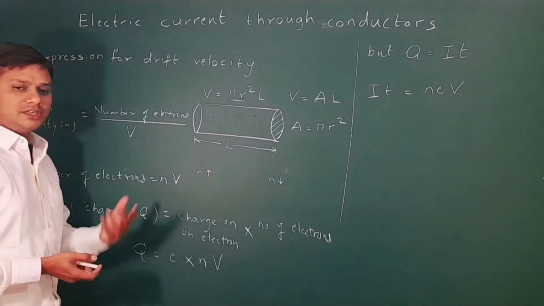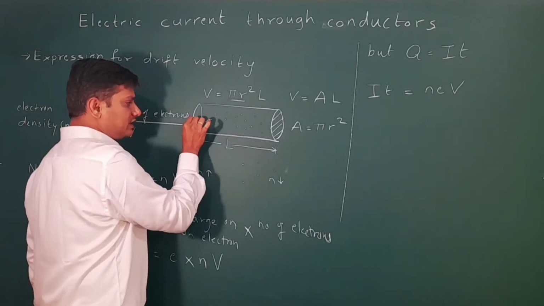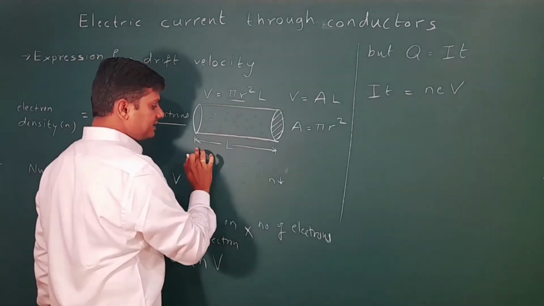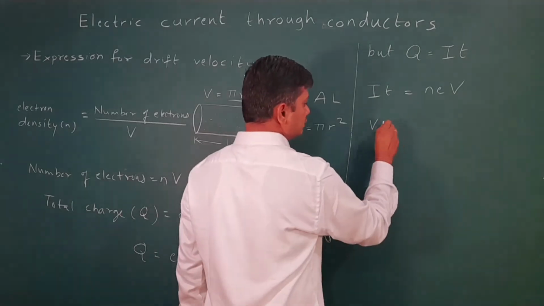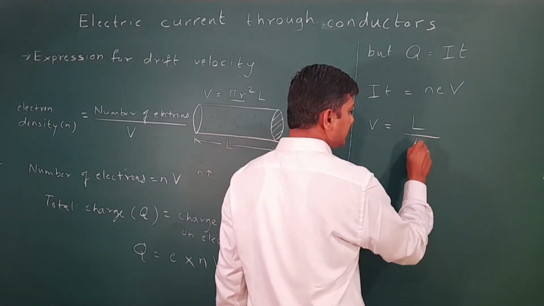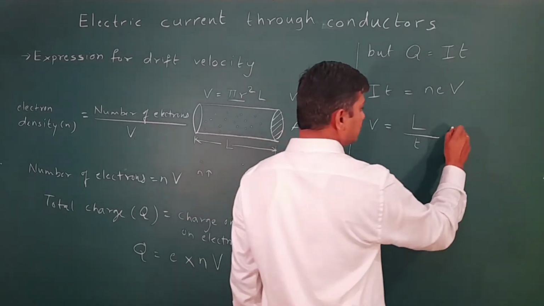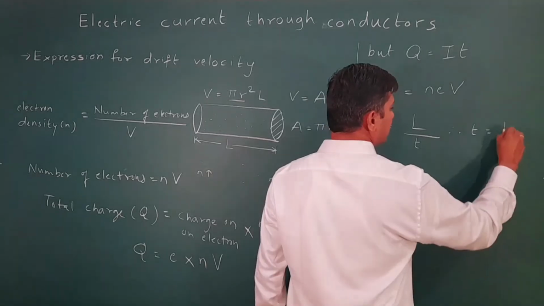Now consider electrons flowing from this end of the conductor to this end, covering a distance L. So the speed of the electrons, the drift speed, is equal to the distance covered divided by time t. Therefore time is equal to L upon v.